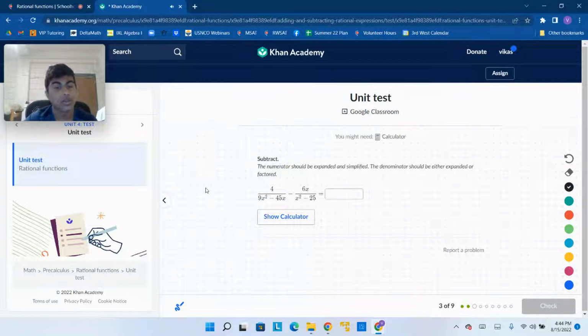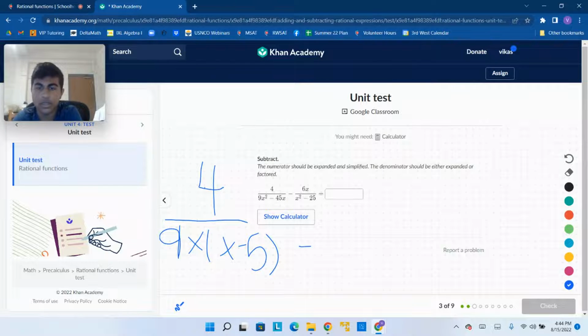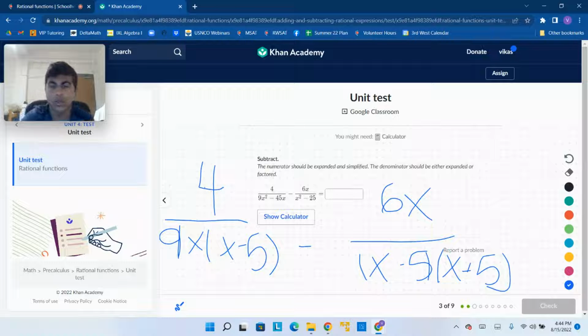Alright, now we're just told to subtract. That's it. Just subtract. Okay. Well, we have 4 times 9x times x minus 5, minus 6x times x minus 5 times x plus 5. So we have x plus 5 times 4, which is going to be 4x plus 20.